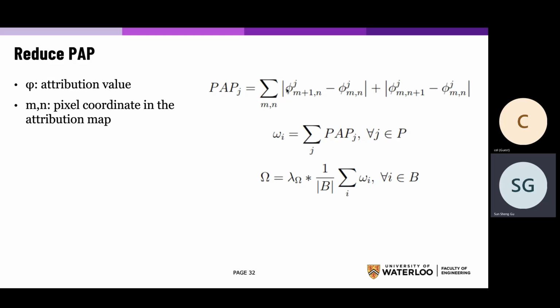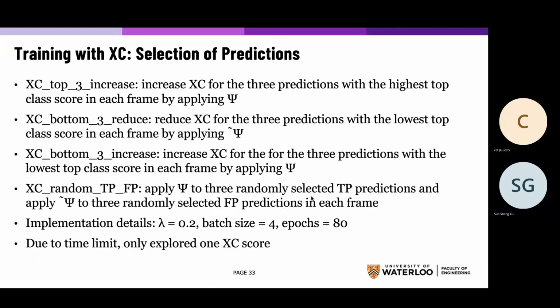So you can see PAP is indeed punishing differences for neighboring pixels. All right, and then we again get a frame-wise loss, omega, averaged over the training batch, and then multiply by a weighting factor.